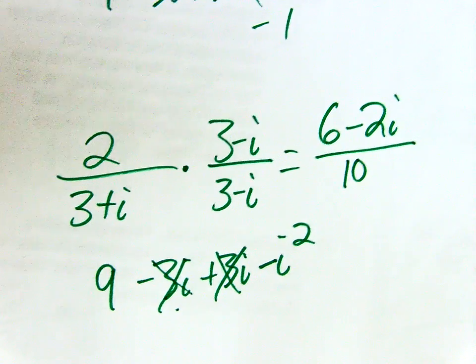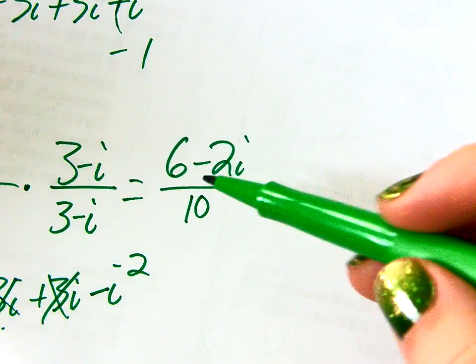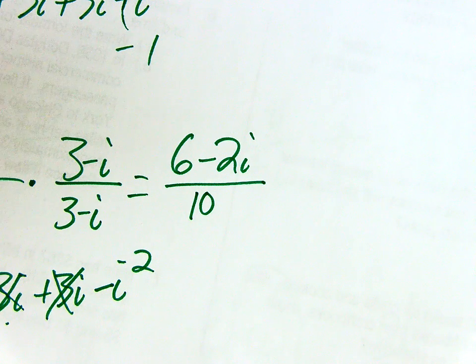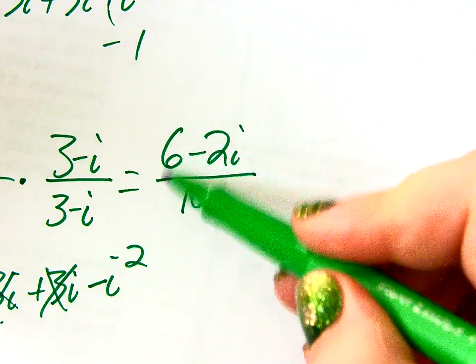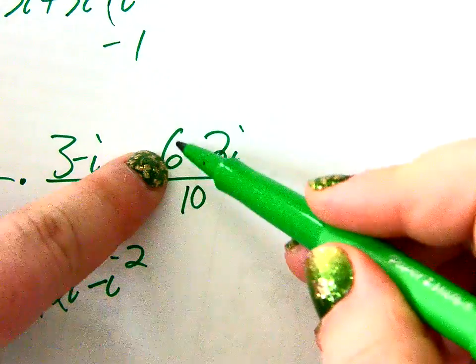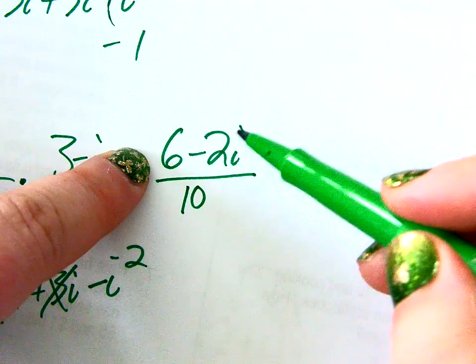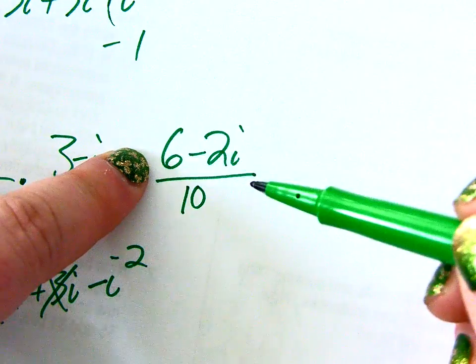Let me ask you this question. Is this a good final answer? 6 minus 2i all over 10. No. Why not? The 6 and the 10, you say? Yeah. You can't simplify just a piece of a binomial with something else. What I can do is I can factor a 2 out of the top.